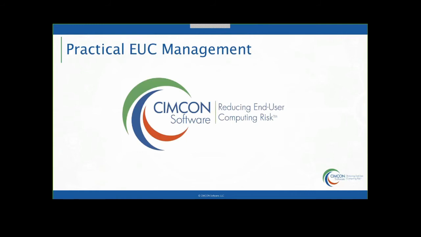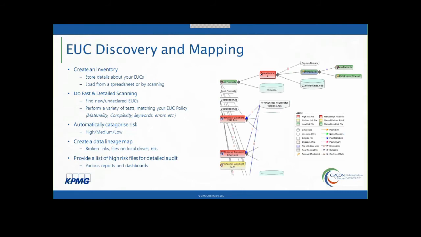So how can technology help you control the real risk from uncontrolled EUCs, working within the EUC environment as laid out by Ollie? Firstly, you will need to be able to create yourself an inventory of the files or the EUCs used in your key processes, anywhere these models are being used throughout the organisation.